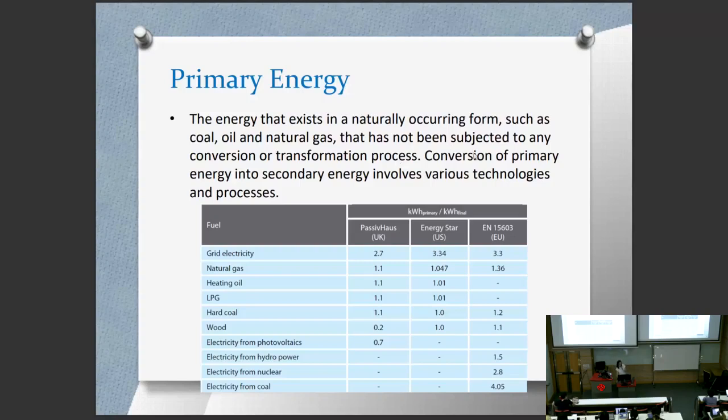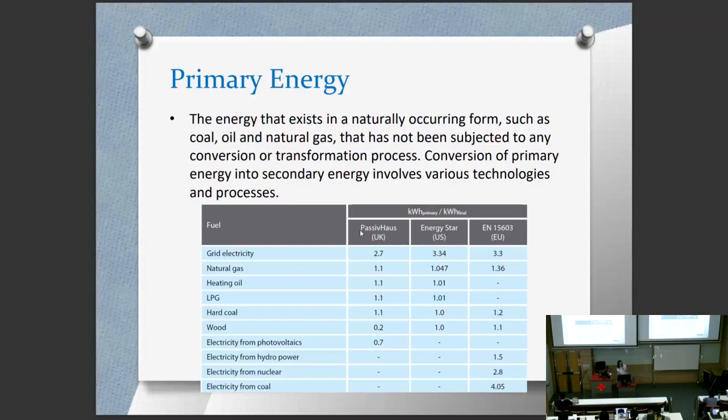Conversion of primary energy into secondary energy involves various technologies and processes. Some processes may be more efficient, some less efficient. For grid electricity, there are different references, and different reference sources may give you different so-called efficiency values.